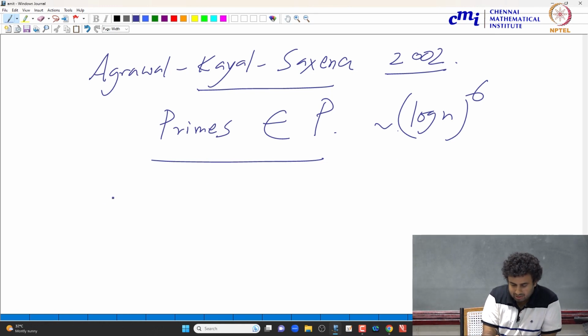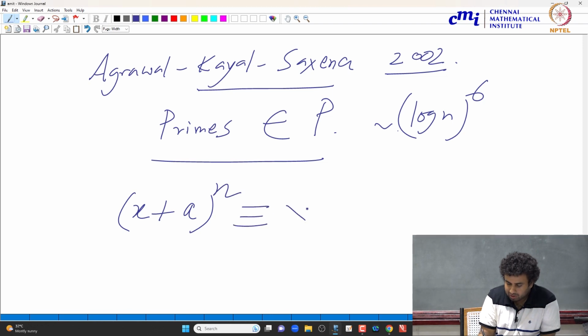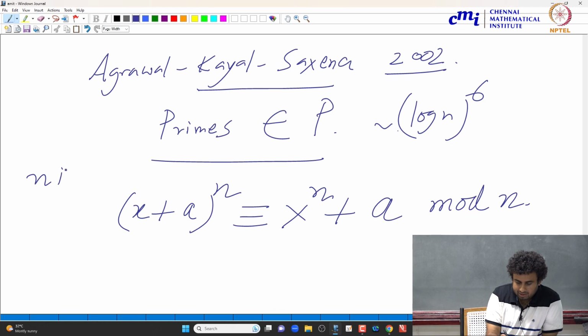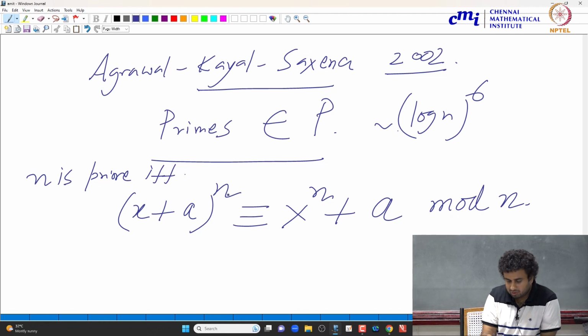Why it is related to PIT: what they tested is whether (x plus a) to the power n is congruent to x to the power n plus a mod n. n is prime if and only if the polynomial (x plus a) to the power n minus x to the power n minus a vanishes modulo n, that is, it is identically 0 modulo n.